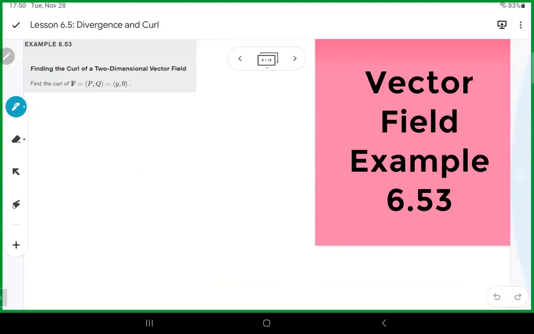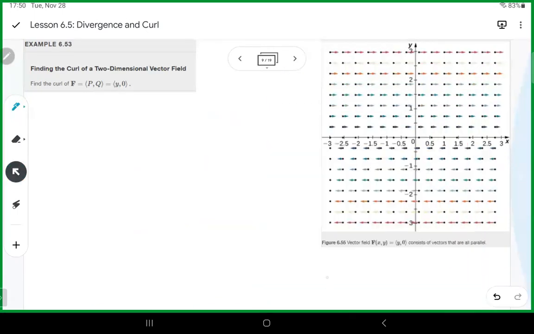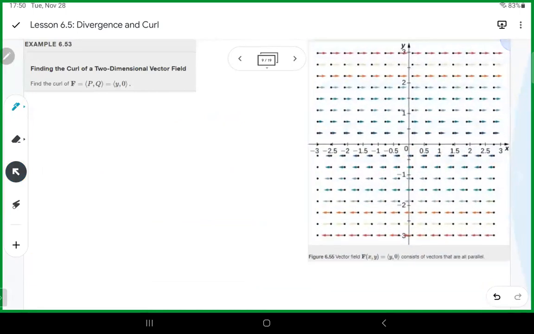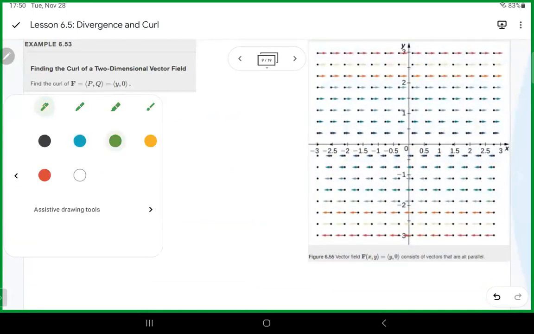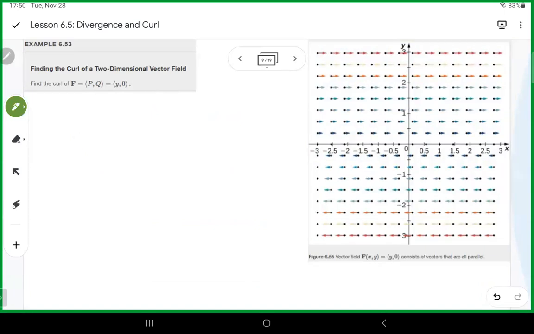Okay, so finding the curl of a two-dimensional vector field. All right, I think I can show you this now. Hopefully it's not going to be a surprise answer, but it is all good. Notice that this vector field consists of vectors that are all parallel. In fact, each vector in the field is parallel to the x-axis.